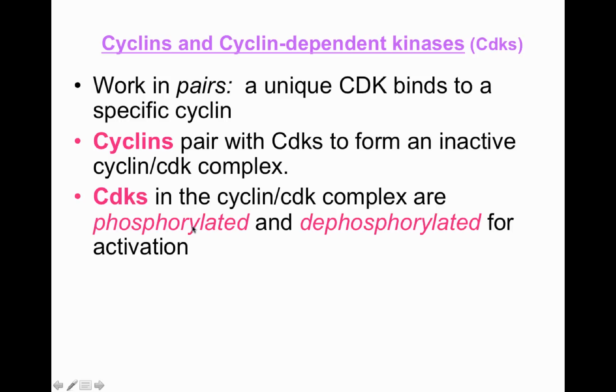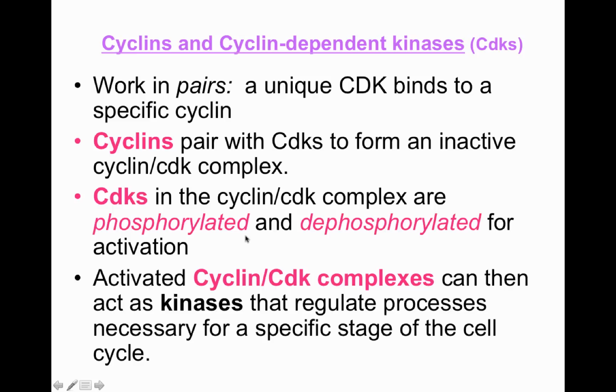I'm going to show you that in a moment. At the end, the activated cyclin-CDK complex is going to work as a kinase, and that kinase is going to be able to phosphorylate other proteins that regulate the cell cycle.